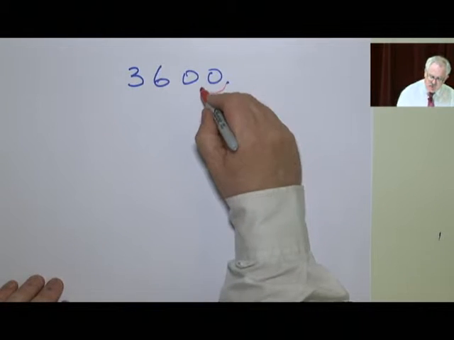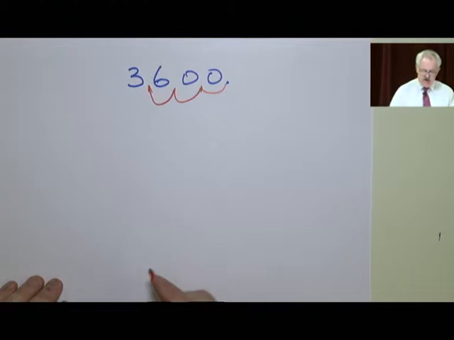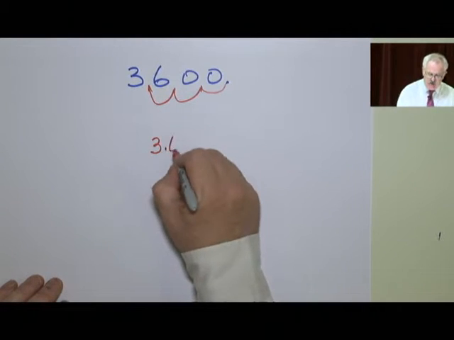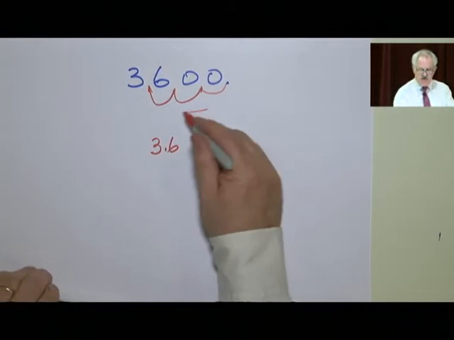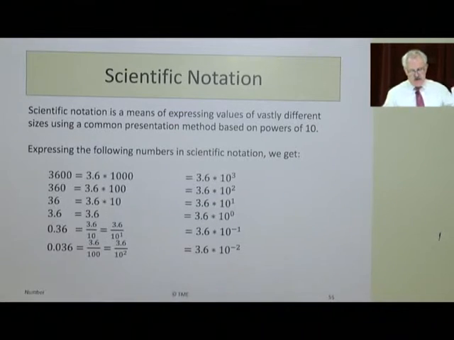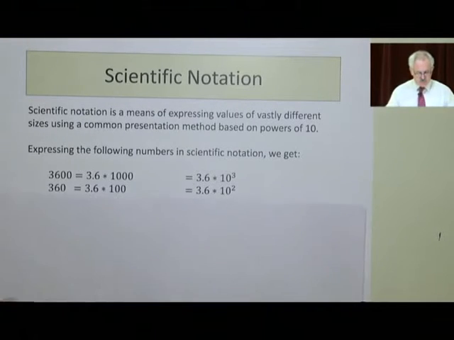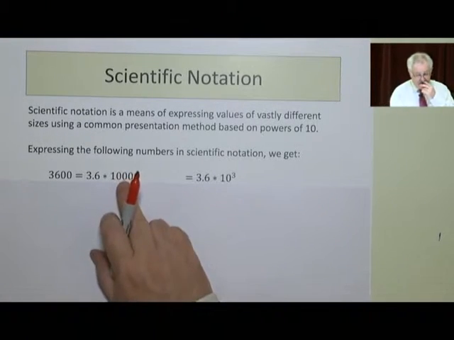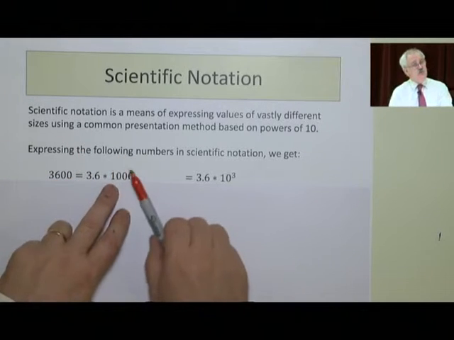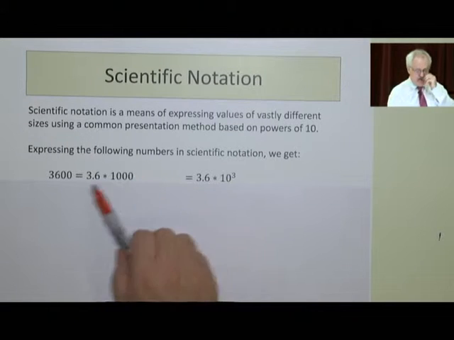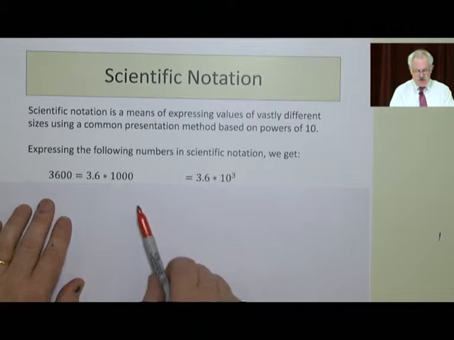And they say, if we moved it one place, 2 places, 3 places to the left, we'd get 3 point something. To move something to the left, you're dividing. This is division. So let's take this to 3.6, and they say divide it by 1,000 to get 3.6, but multiply it by 1,000 as well, because you can't just make the numbers equal unless you're doing both division and multiplication.